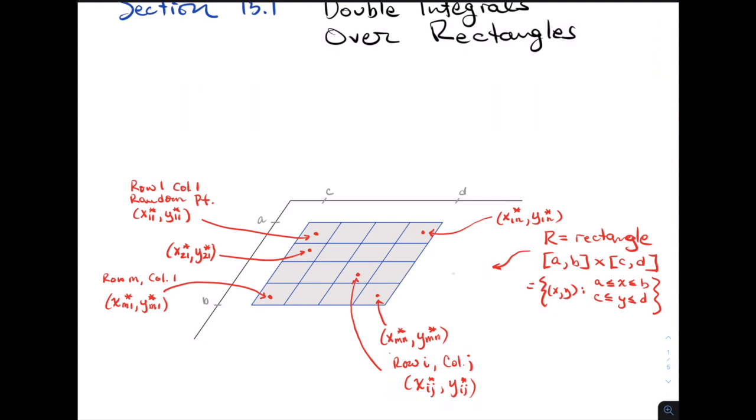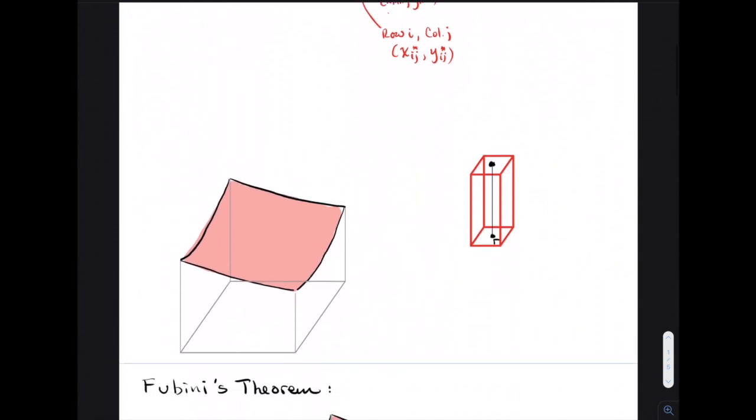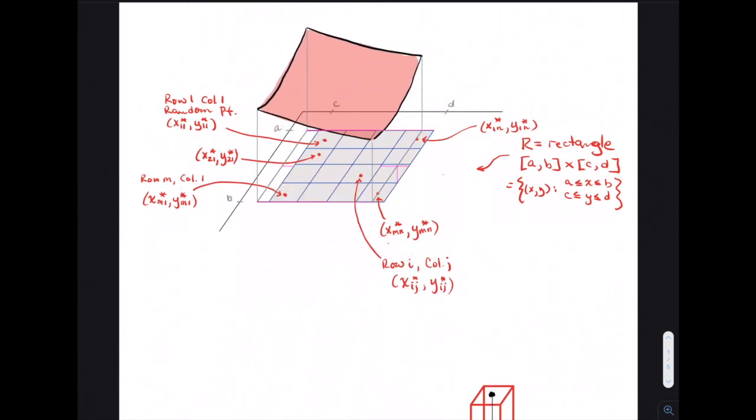Okay, so now what we're going to do is consider a surface that's defined over this region. I've got one down here, so I'm just going to grab it and bring it up and set it on this rectangle.